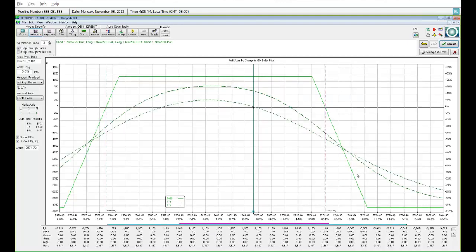This solid line tells you at expiration, when those options expire, you're definitively going to make that amount of money if the market is between there and there.